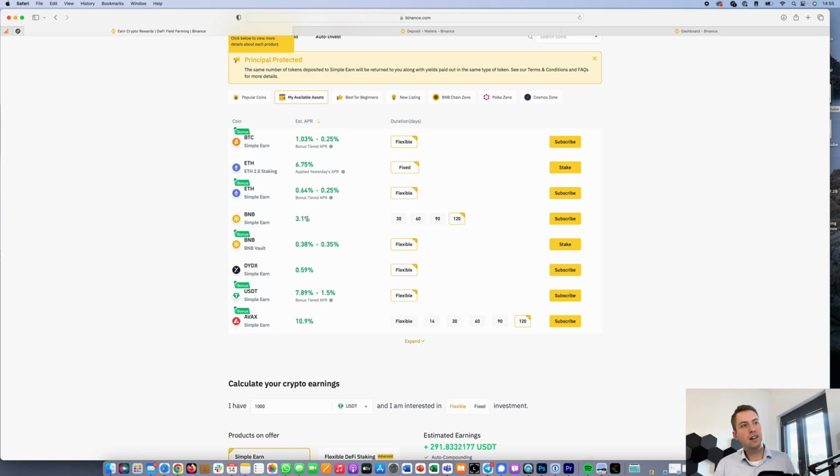However, you would earn interest of 3.1% if you do it for a whole year. So basically 3 times. So after one term of 120 days, you would just earn 1 point something percent. And with the flexible ones, you can get it back anytime you want to.